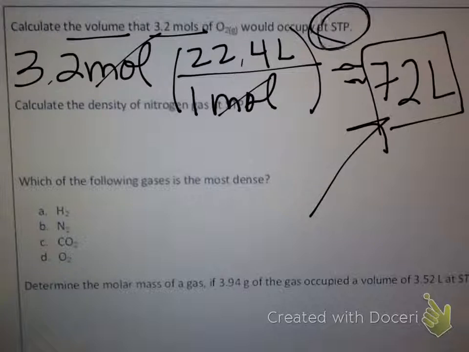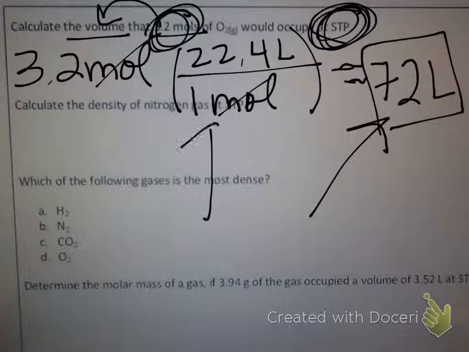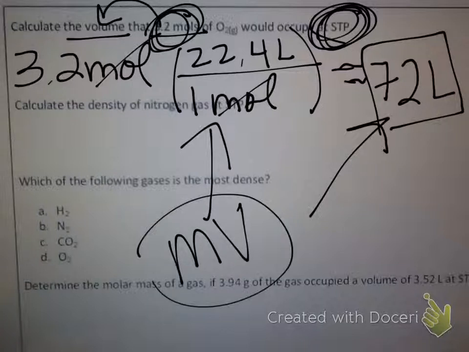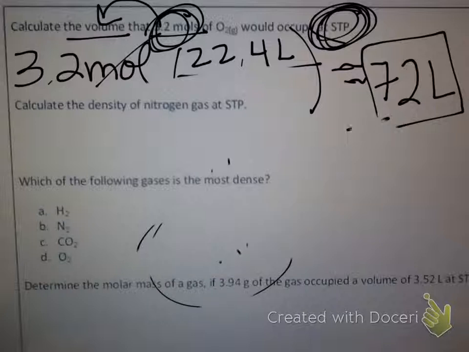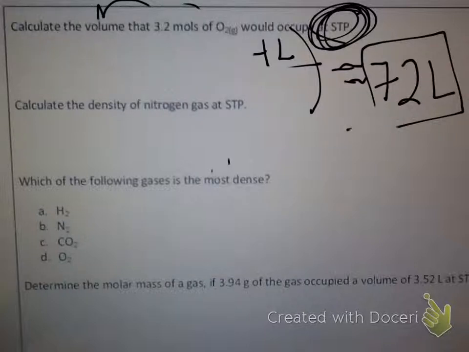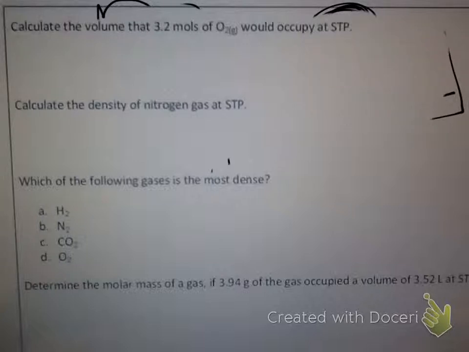So when we're at STP, if we're given the moles and we need to find the volume, we can use molar volume as our conversion factor. Converting moles to volume, you use molar volume. Alright, let's go to the next problem, because we've got a mixture of density problems and molar volume problems, since they're all interrelated.